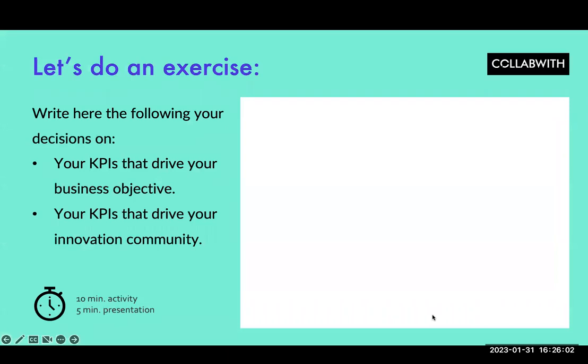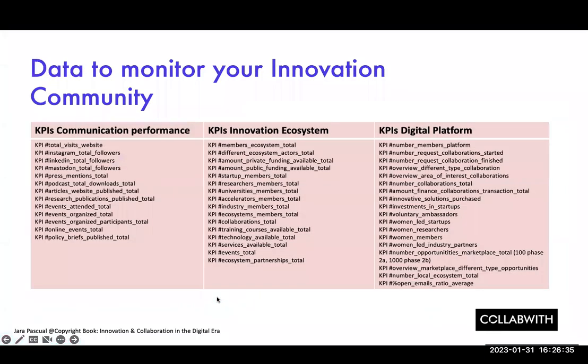So this is an exercise for you to think about the KPIs you need to drive your business objective and which type of KPIs you need to drive your innovation community, and put them all together, because you have to have both visible. So this is the exercise now: the KPIs to measure the success of your business and the progress of the community. I can put the previous slide back, this is an example, but you have to think about yourself.